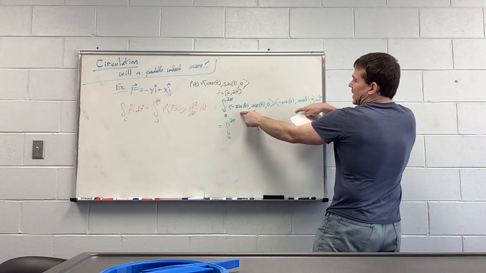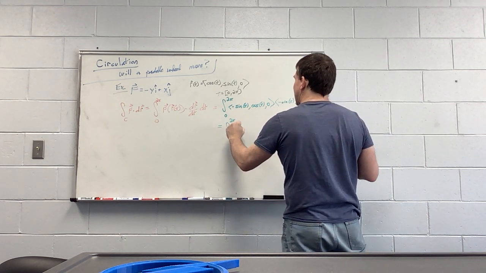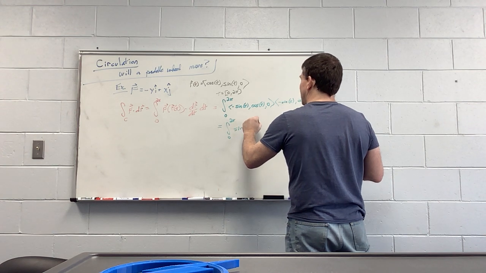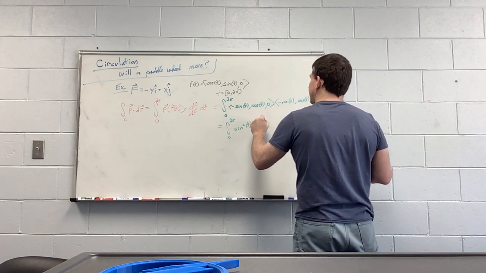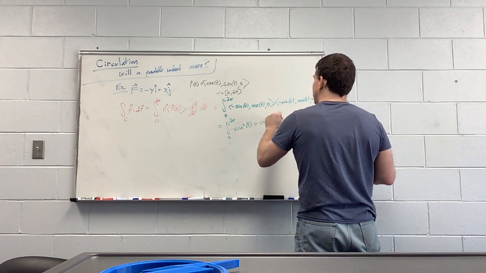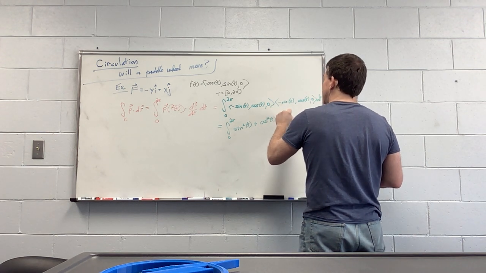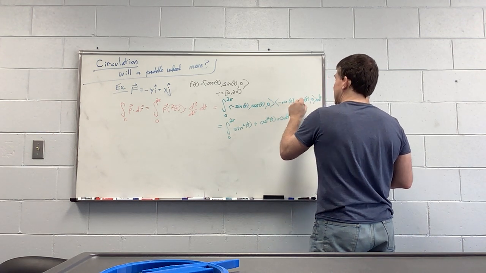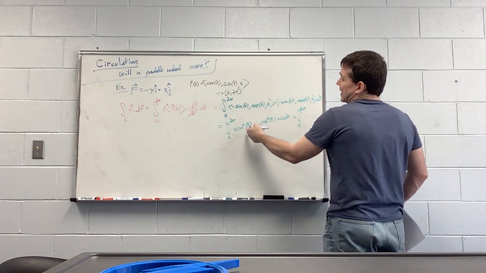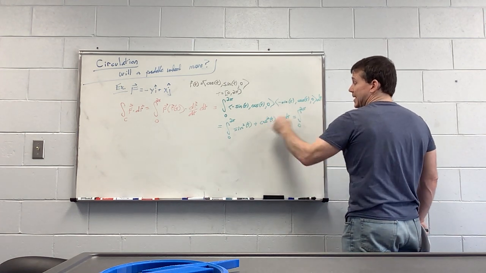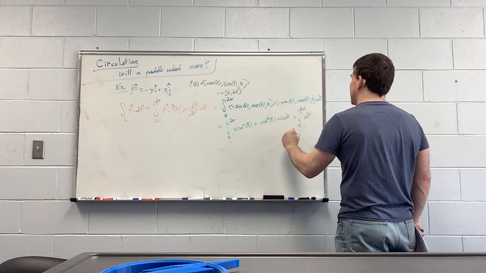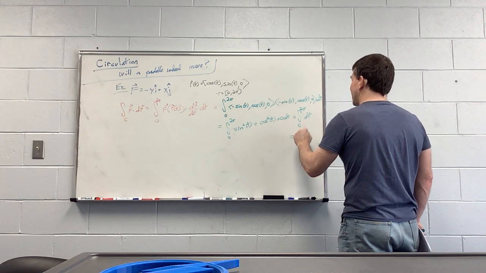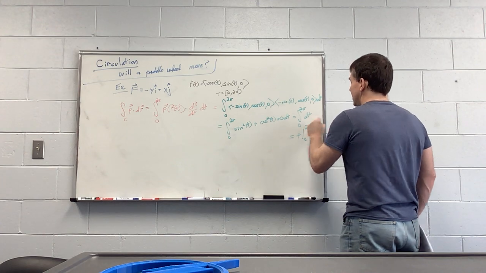Now, take the dot product. Negative sine times negative sine is sine squared t. Cosine times cosine is cosine squared t. 0 and 0 is just 0 dt, which means I get the integral from 0 to 2 pi. Sine squared plus cosine squared is 1, so it's just 1 dt, which I then integrate and get t from 0 to 2 pi, which gives me 2 pi.